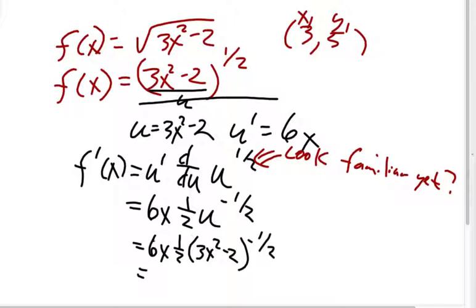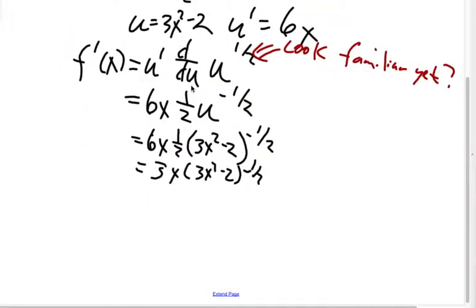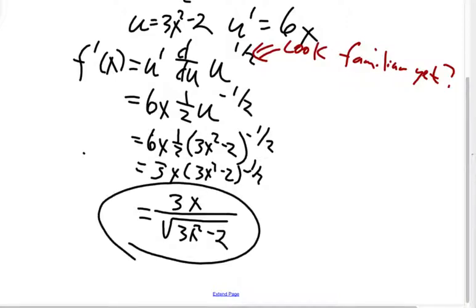Simplify it, 6 times 1/2 gives me 3x times (3x squared minus 2) to the negative 1/2. And now we need to rewrite this back into radical form. So that will give me 3x on top over the square root of 3x squared minus 2. And there is our answer.